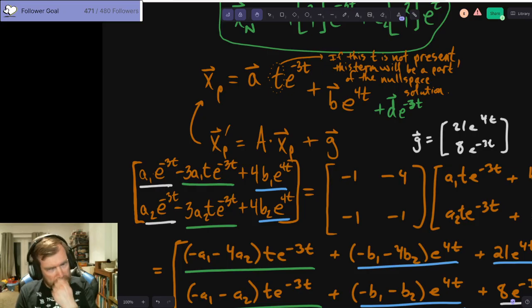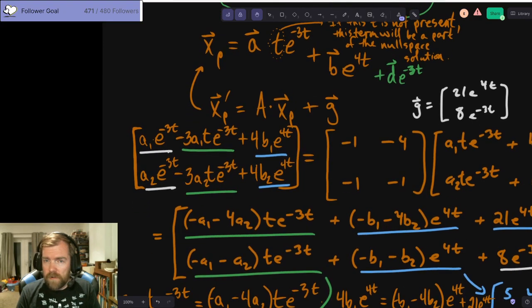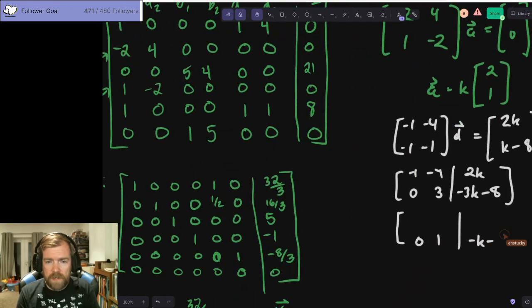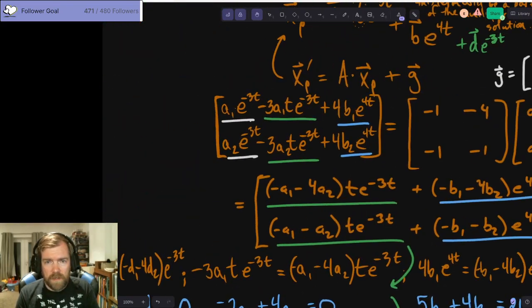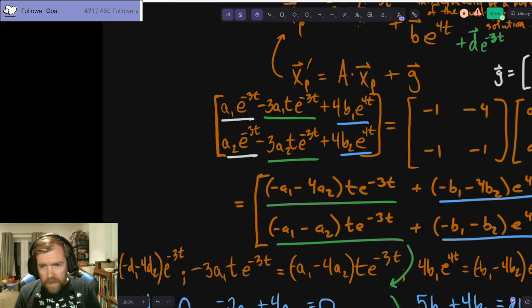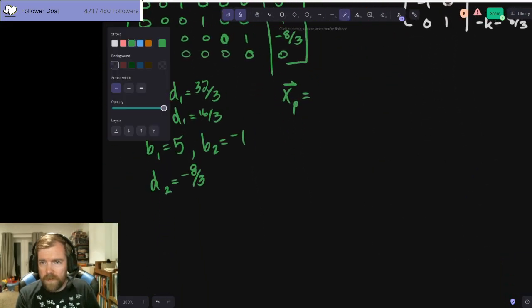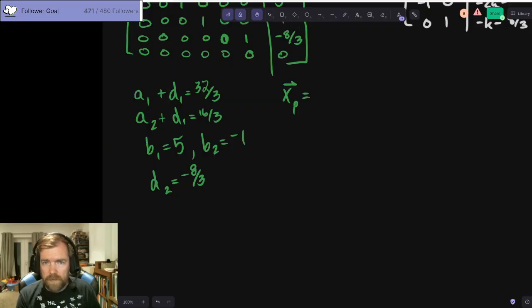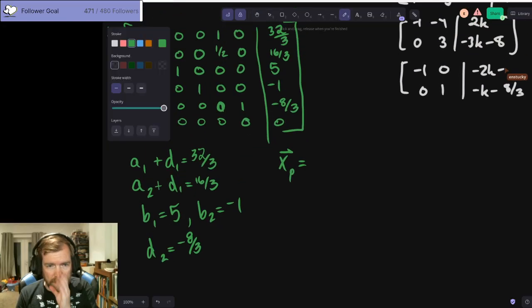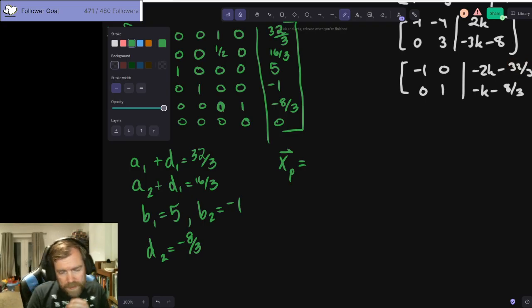Okay, so from above we have that a vector is our t e to the negative 3t. And we can let a1 be in terms of d.